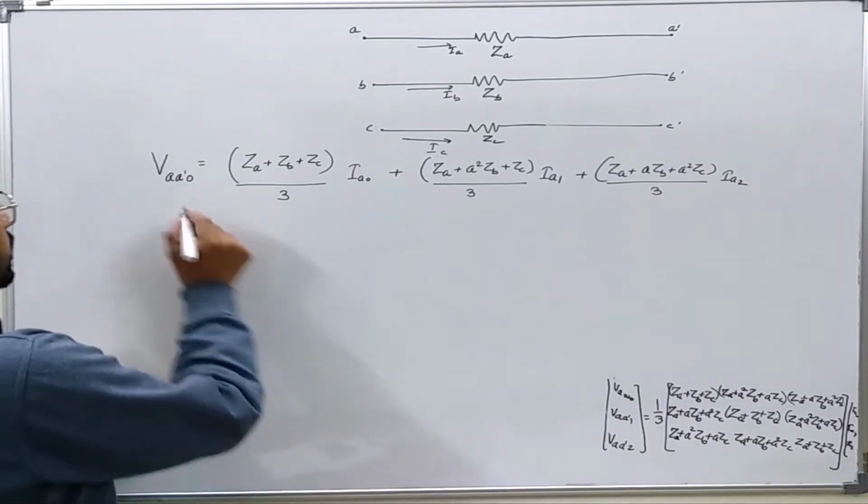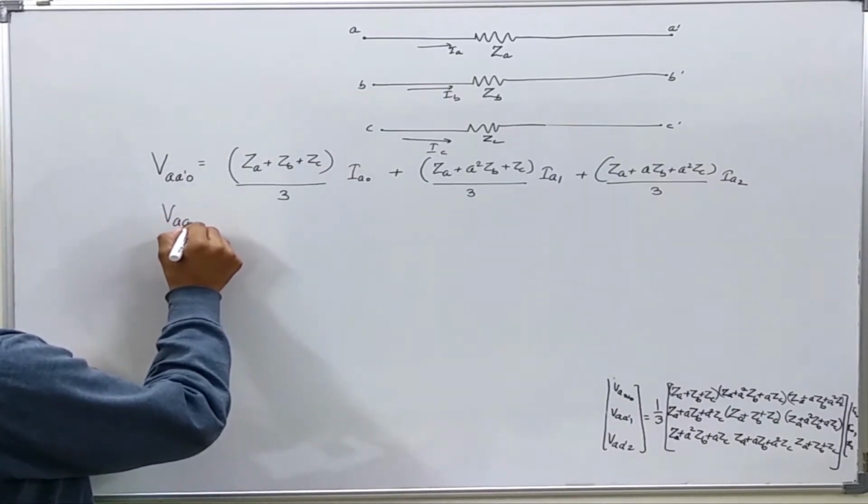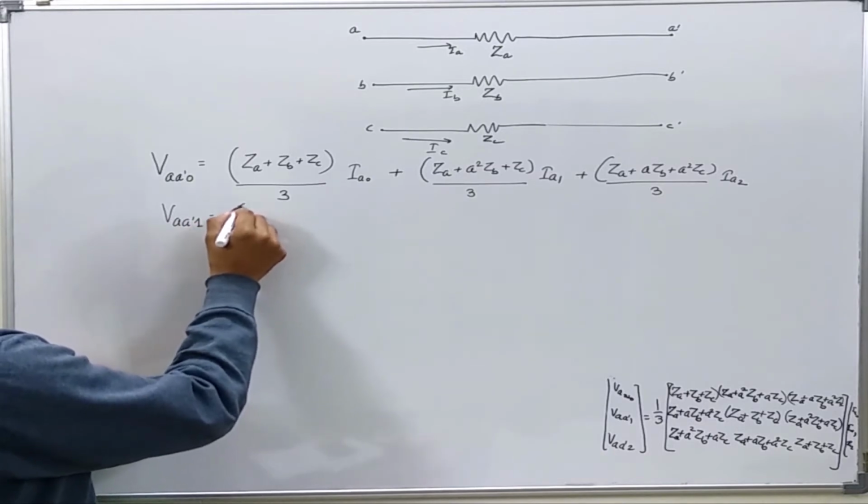Okay, now let us write the positive sequence voltage drop VAA'1.